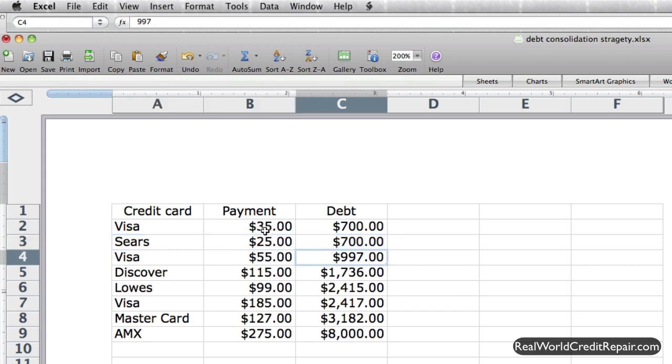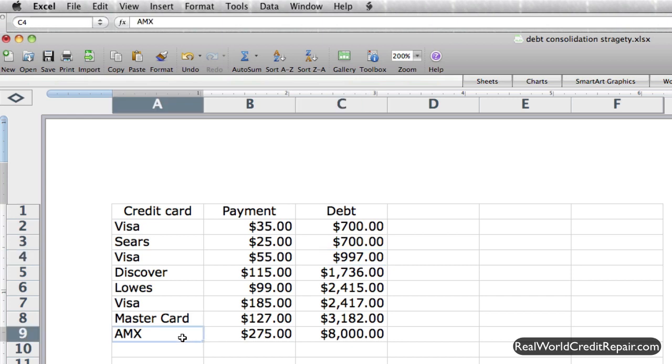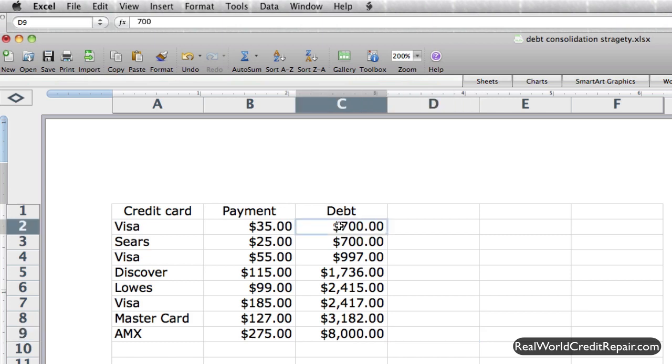This is more valuable than going in and paying off one trade line. If you had $8,000 available and I just made this one payment, essentially what I've done is I've cleaned up just one trade line, which is not going to be as good as if I took that $8,000 and started paying off each one of these debts. I could probably pay off somewhere to right here.